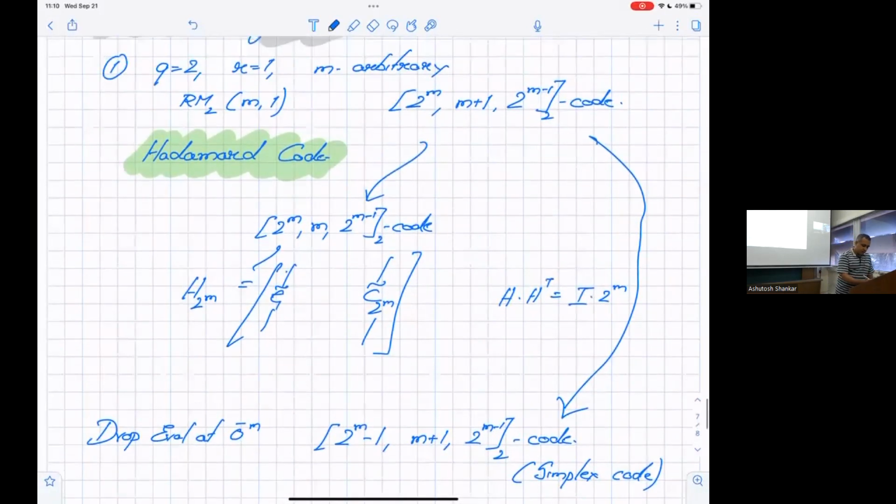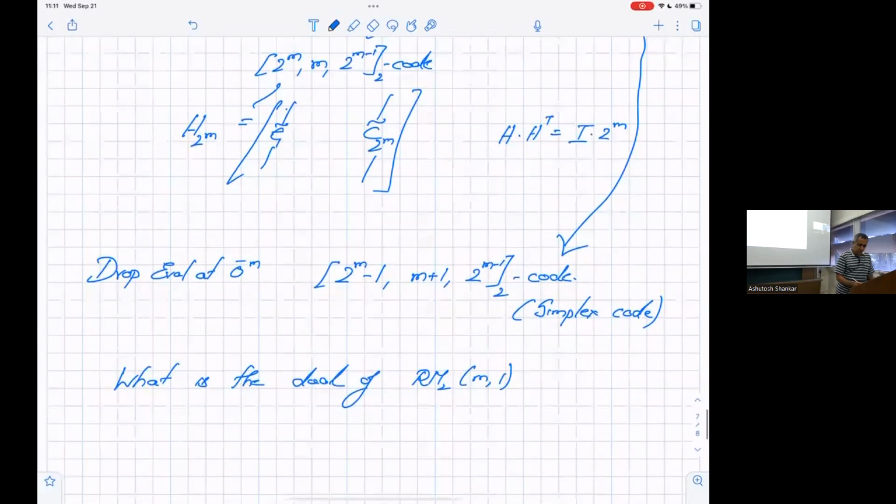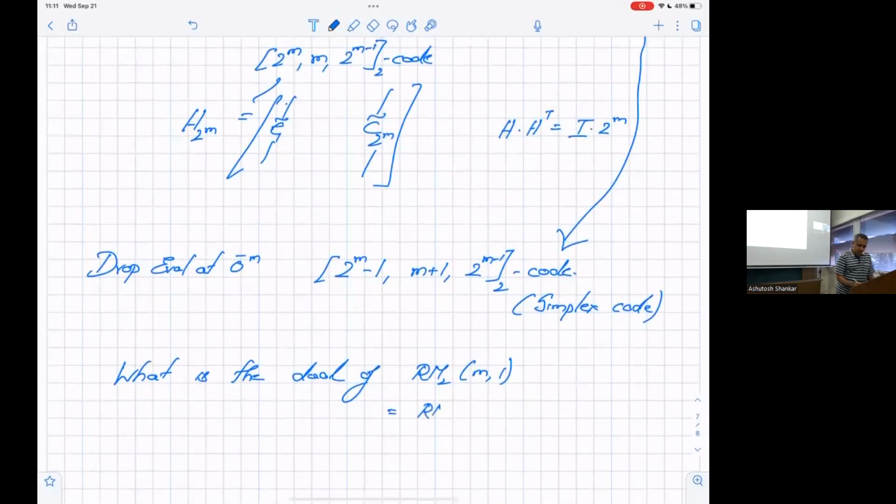What is the dual of RM(2, 1)? We know this is actually RM(m, m minus 2).